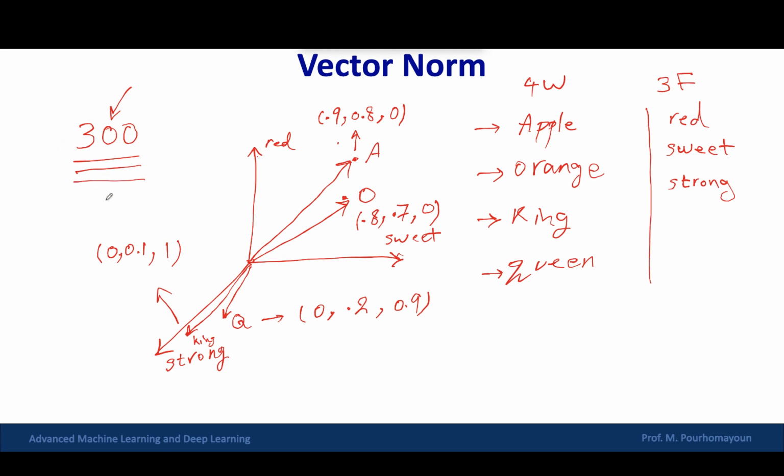Using 300 features, you can almost represent every English word uniquely using this number. So this is a 3D vector. Well, in practice, we usually use 300D in natural language processing to show every English word.